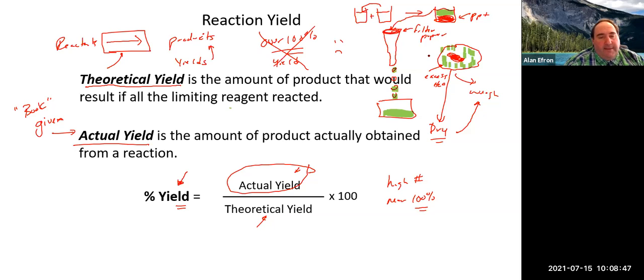So that's why I say a pretty good percent yield is in the 90s, mid 90s, high 90s is a really good percent yield. In most cases, you usually won't get 100% yield. And that's because if you just think about it logically, even in this aspect, forget about the part where you were rushing and you didn't wait for it to dry.